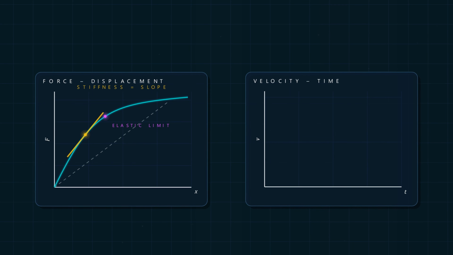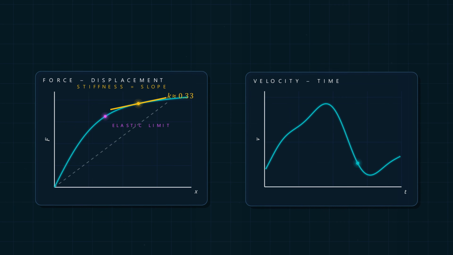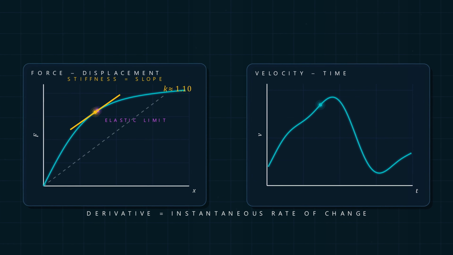The slope of that force-displacement curve is the stiffness. Notice how the stiffness, the slope, is different at every point along the curve. That's a rate of change. Similarly, velocity evolving over time follows a complex curve. A derivative is simply the slope of a curve at any given point, the instantaneous rate of change.